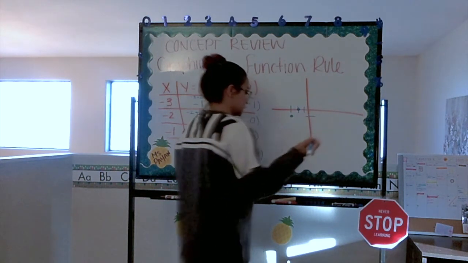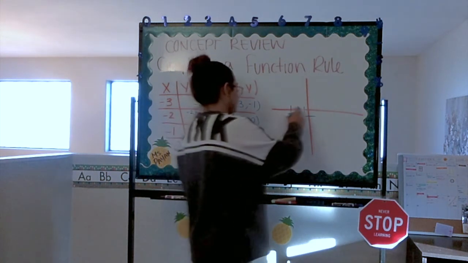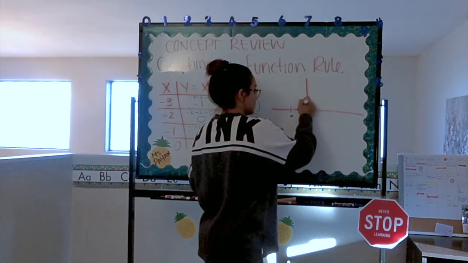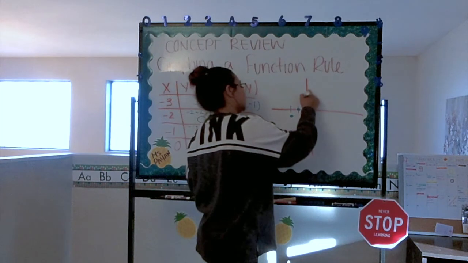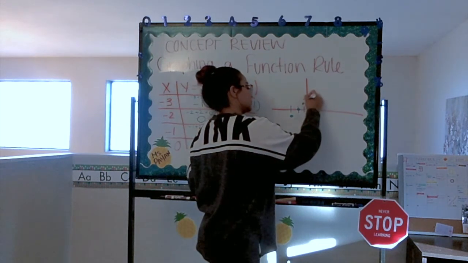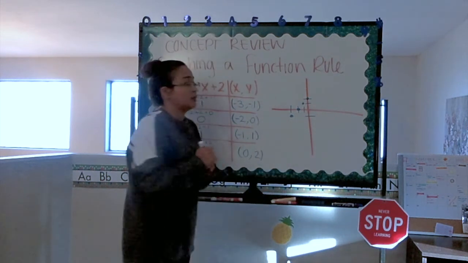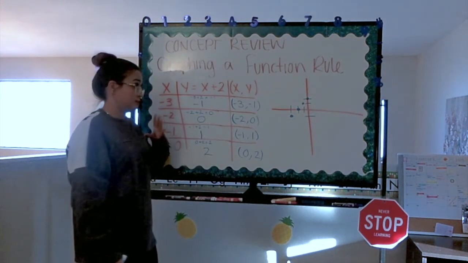It is as so. Now we have -1 and +1. Numbers right there. And then we have 0 and +2. We'll be right on the line. And that is how we graphed our function.